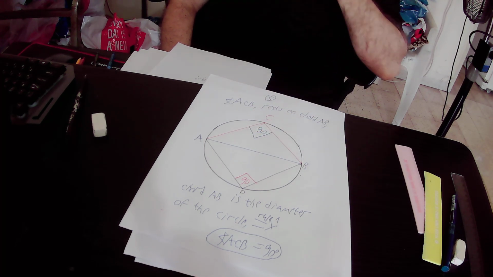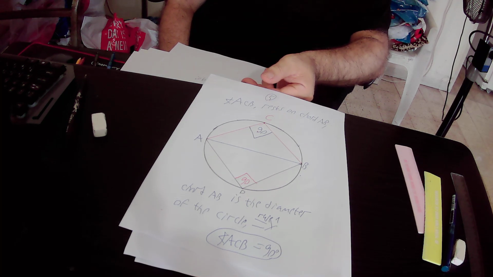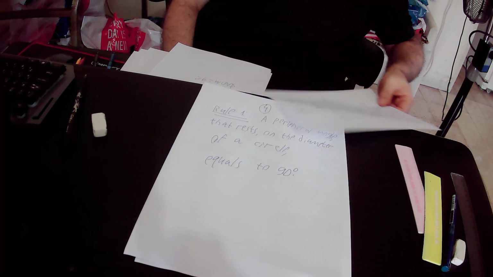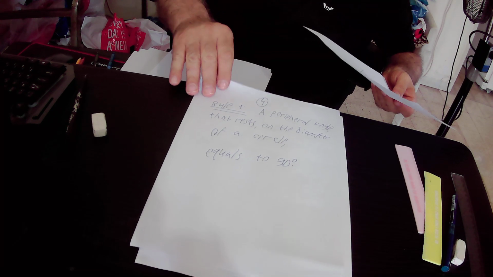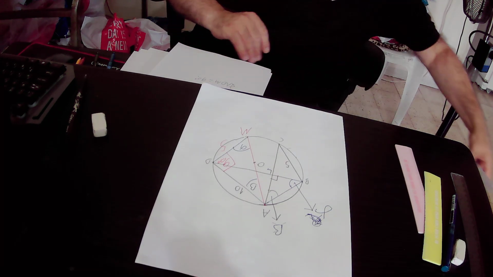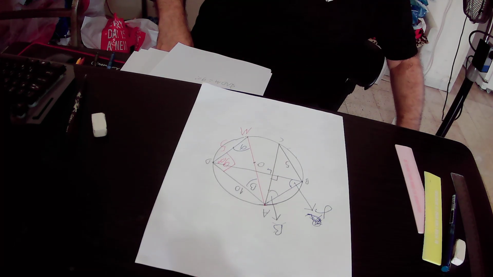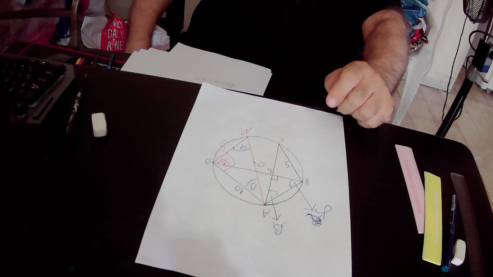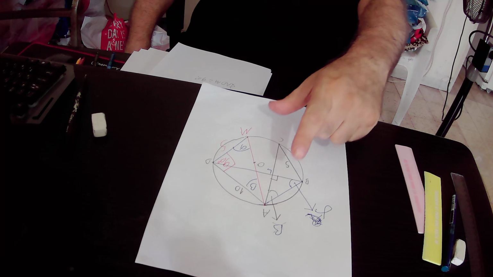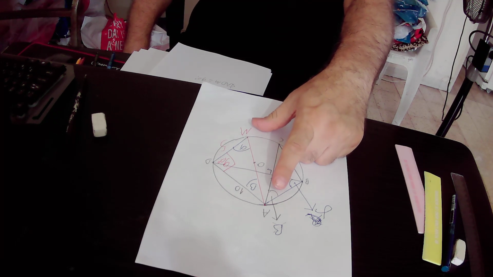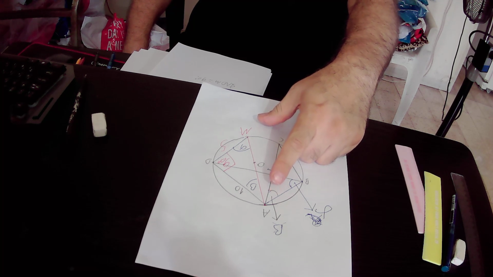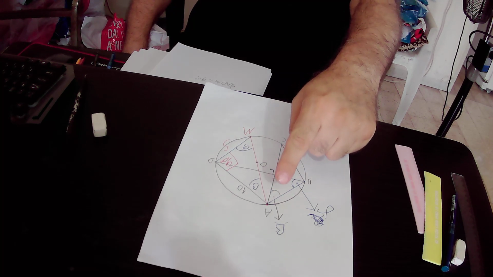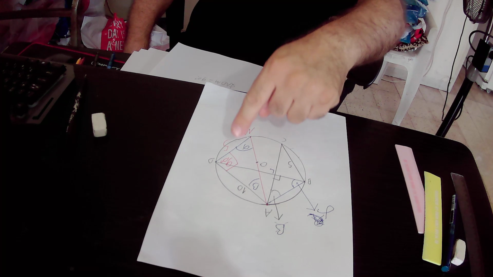Okay, so we implemented this rule in our circle, because in our circle we have angle ADM that rests on chord AM, and chord AM is the diameter of this circle. So according to rule number 1, peripheral angle ADM equals 90 degrees.